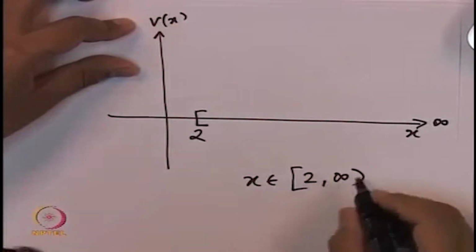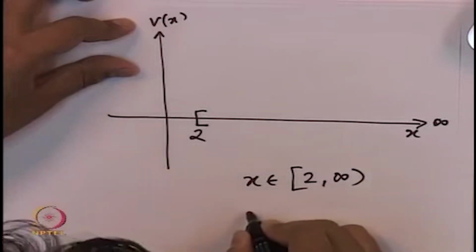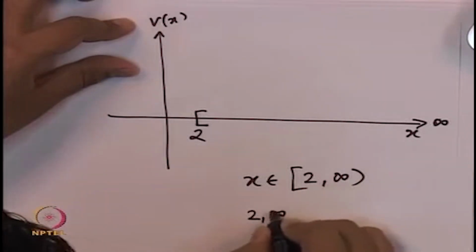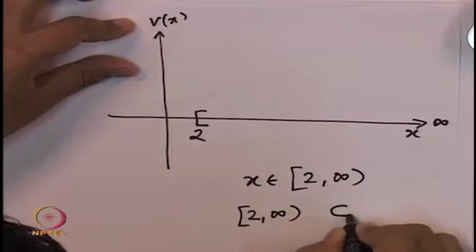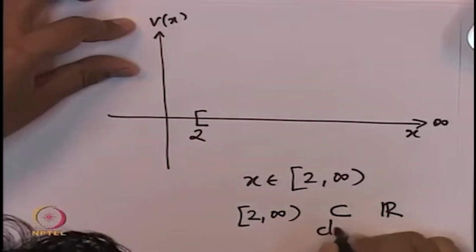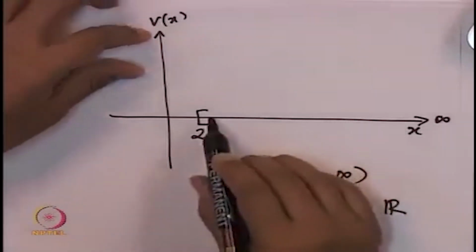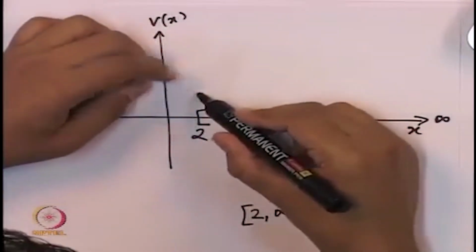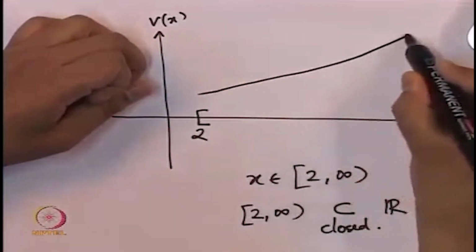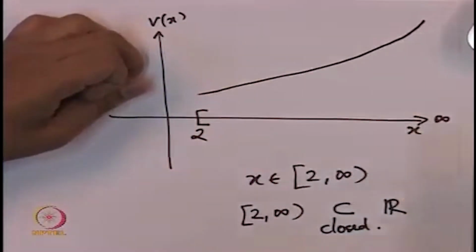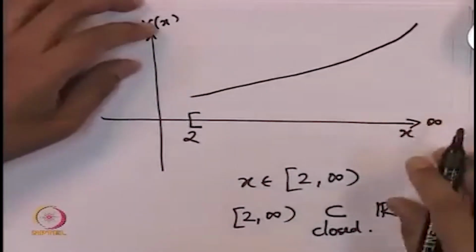It is a closed subset of R. 2 comma infinity is a closed set of R. On this closed set, just because the set is closed, the supremum may not be achieved, the maximum may not be achieved, the set also requires to be bounded.